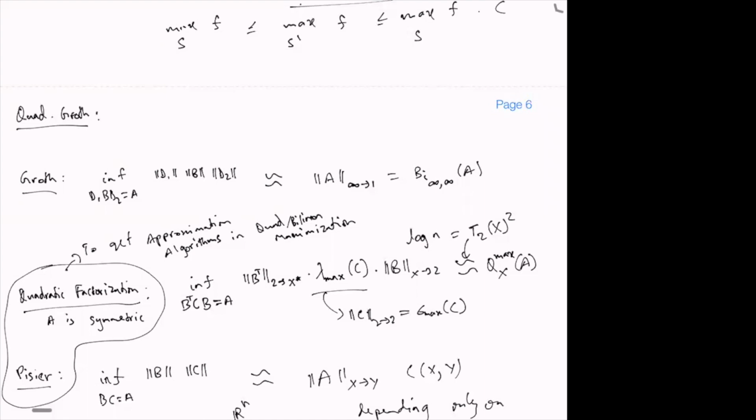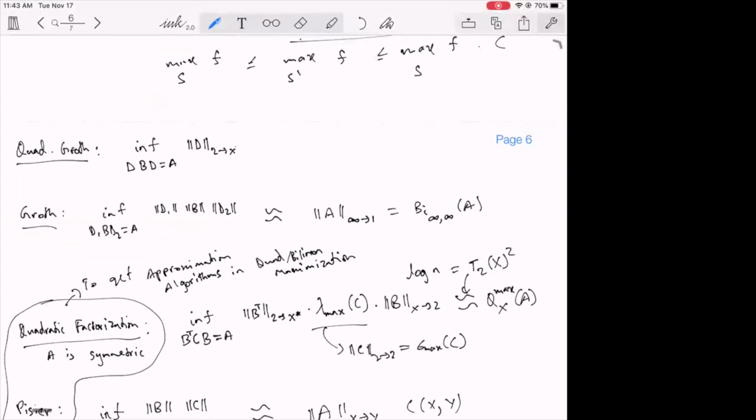So here the statement would be the infimum over D of the maximum eigenvalue of B times the D infinity to 2 norm, where A equals D B D. In this case, we're talking about L infinity.